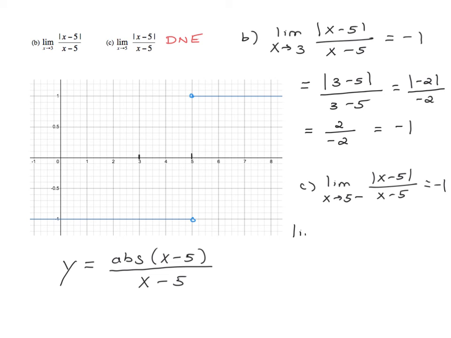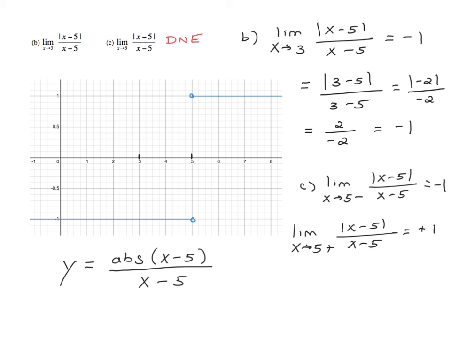But if you look at the limit as x approaches 5 from the right of the same function, okay, well this time it's approaching +1. So I'll put a positive for emphasis. These two things are different. It means overall the limit cannot be assigned one value, and so we just say it does not exist.